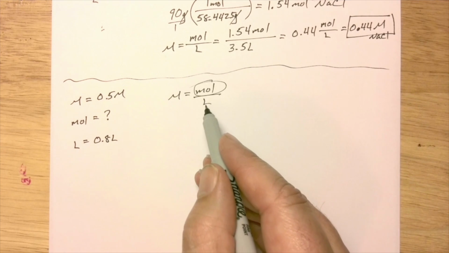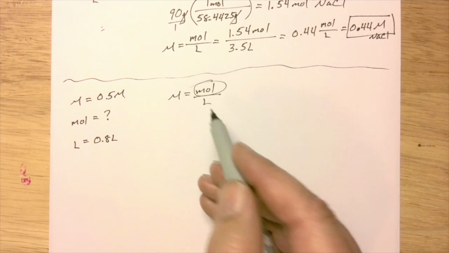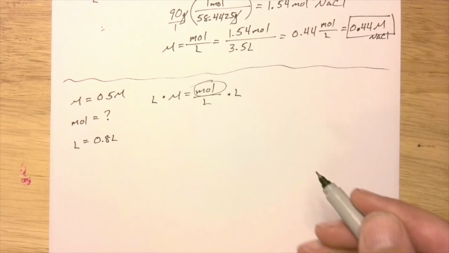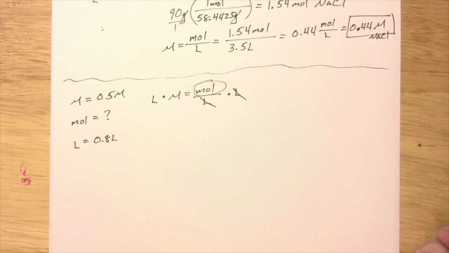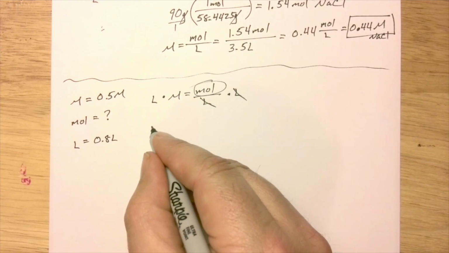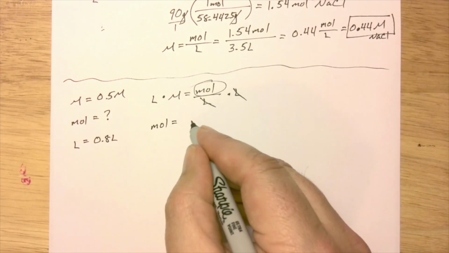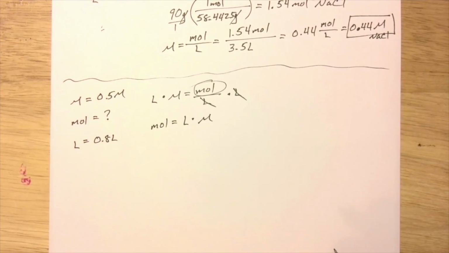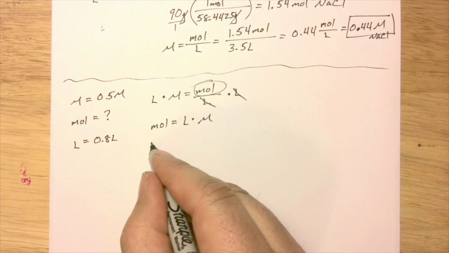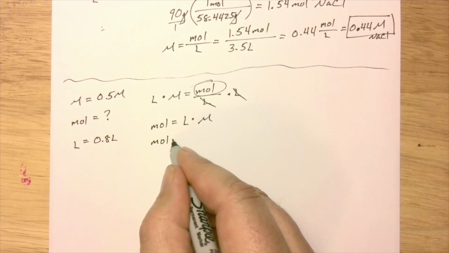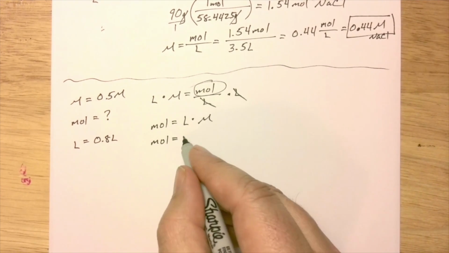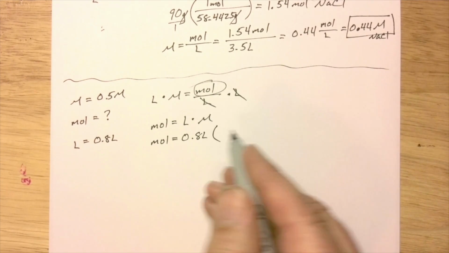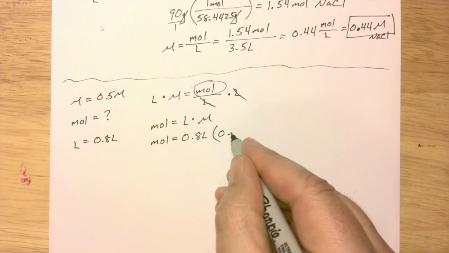We need to get rid of the unit liters. The only way you can do that is multiply both sides by liters. This way over here, liters will cancel out. Therefore, a mole is equal to the number of liters times the molarity. So let's go ahead and plug in the numbers. A mole is equal to the liters, which is 0.8 liters, times the molarity, which is 0.5 molar.